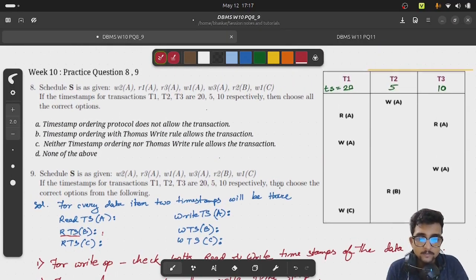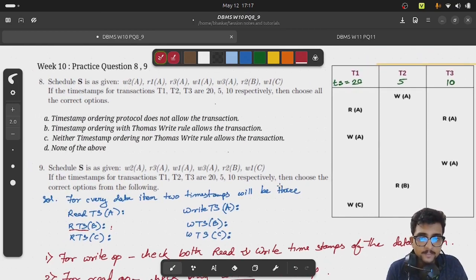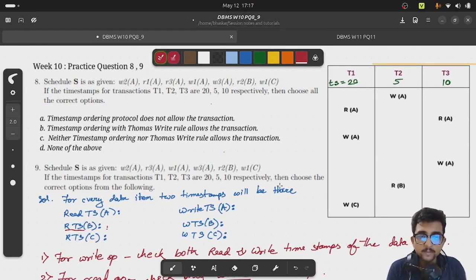All these rules which we are talking about are properly and formally mentioned in the lecture slides. You can refer to them, but I feel that this is the basic idea. The idea behind these rules is that I will not allow any older transaction to write when some newer transaction has already written or read from it, right? That is the fundamental rule.